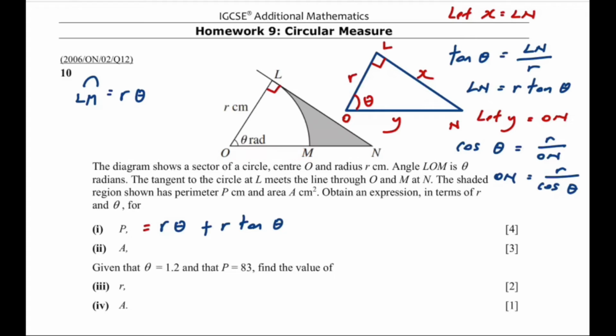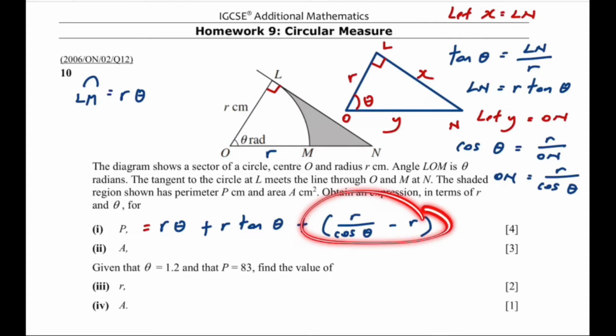This is r, so the last one should be ON, so r over cos theta minus r. That is your MN. Is there anything else that we can simplify? No. This is the final answer for the perimeter for question 1.